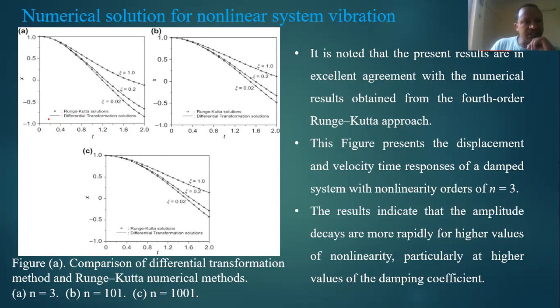A straight line indicates the differential transformation solution, and the dotted lines indicate Runge-Kutta solutions. They are almost coincident for different zeta values. For example, zeta is equal to 0.02, a very small value of damping coefficient, 0.2, and 1. 1 means the critically damped condition.